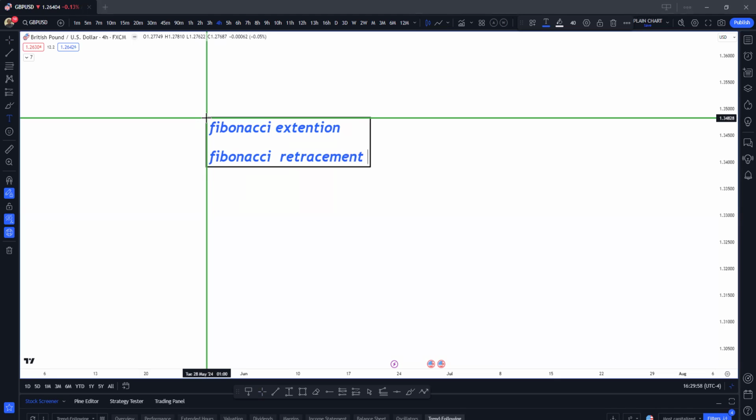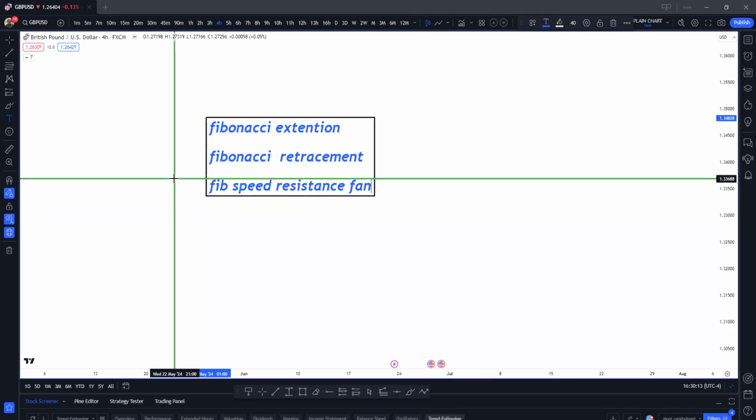The next Fibonacci tool I'm going to talk about, which is the third Fibonacci tool I use, is the Fib Speed Resistance Fan. I didn't talk about this the last time.